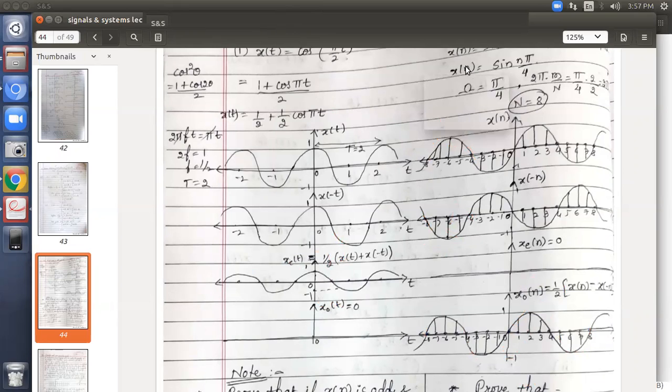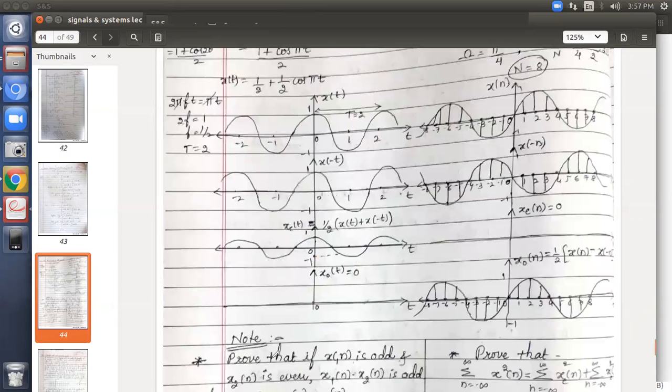Any doubts in this? You can ask me. And as a note, what I have given, these are two identity-type proofs. They are prove-that type of problems which are important again for even and odd. What is given here is, if x1 is an odd signal and x2 is an even signal, prove that x1 into x2, when you multiply even and odd, you should get odd.